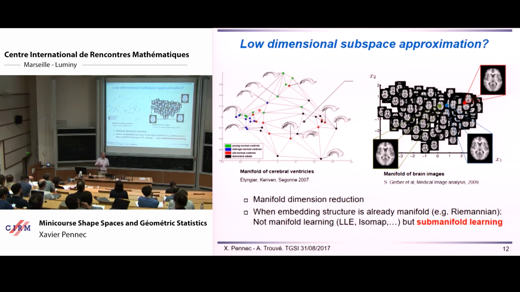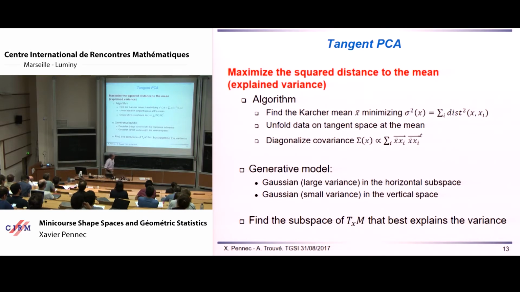So we don't want to use the usual machine learning algorithm where you throw everything in a Hilbert space that does not respect your initial constraint. What we want is a submanifold of our original manifold. What we did previously was to compute the mean, develop everything in the tangent space, and try to explain the covariance matrix.